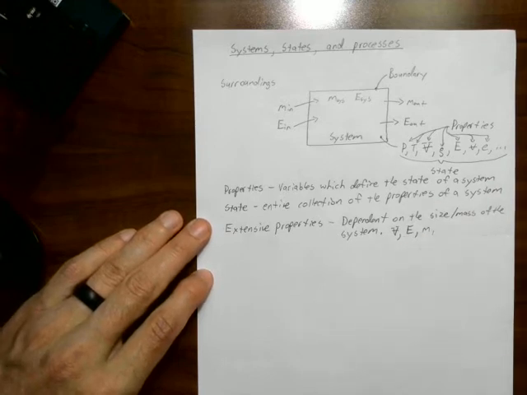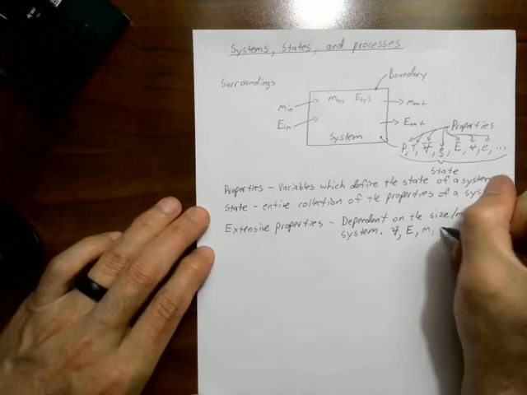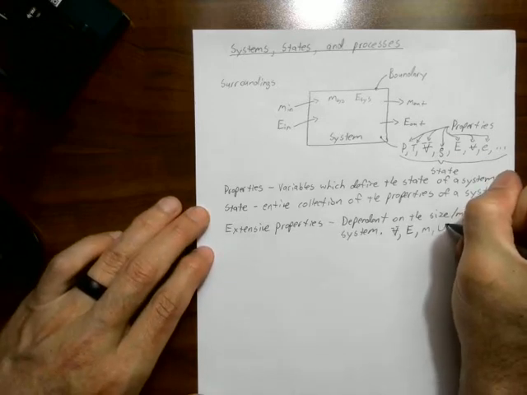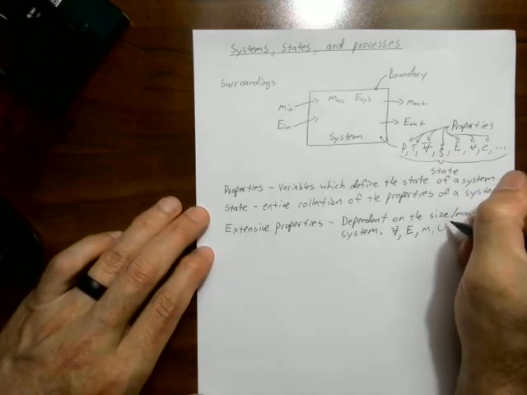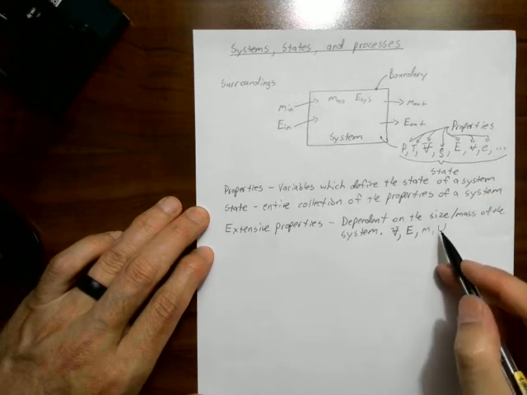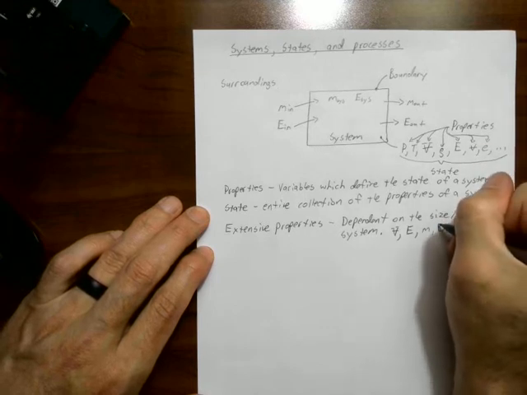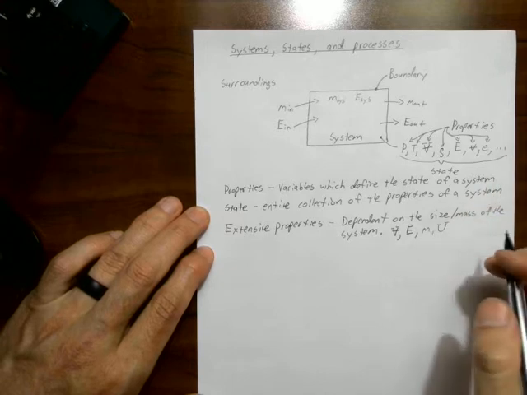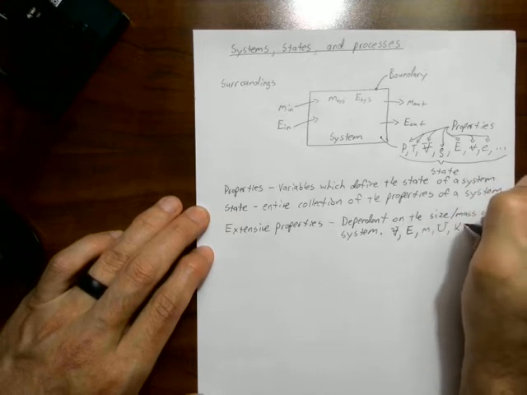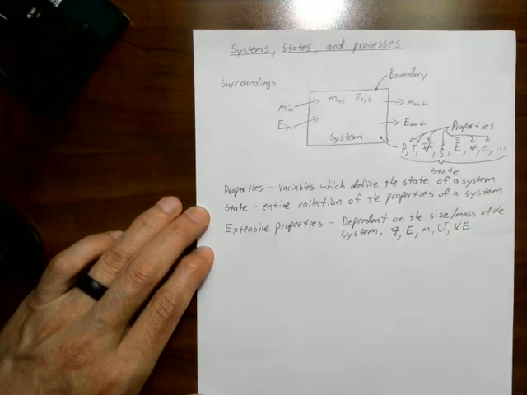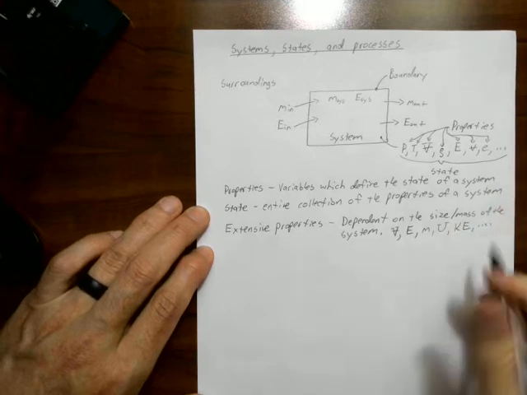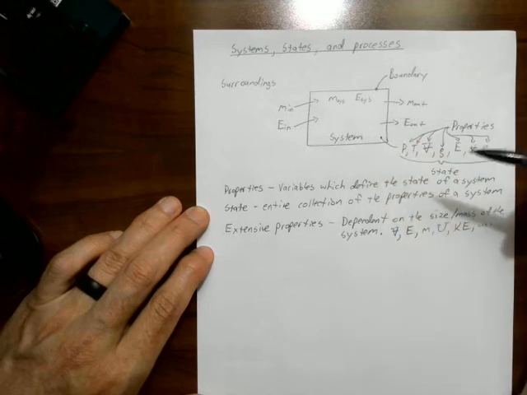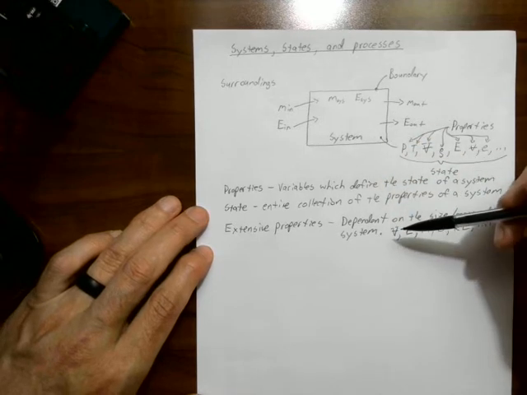There's different forms of energy, and you'll become accustomed to them shortly. But we use the uppercase letter U for what's called internal energy, and then the total kinetic energy of a system. So these all depend on the amount of stuff in the system. The total volume is kind of obvious.